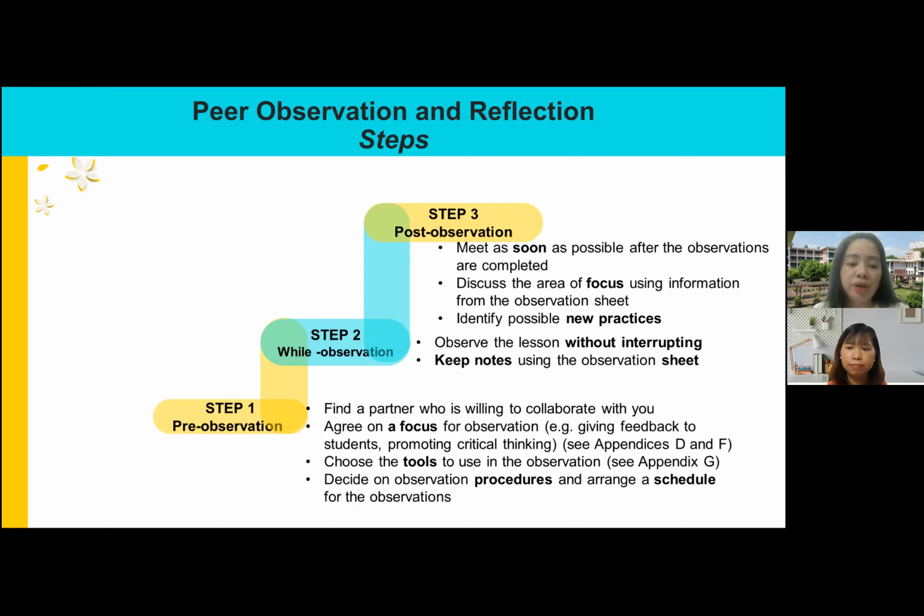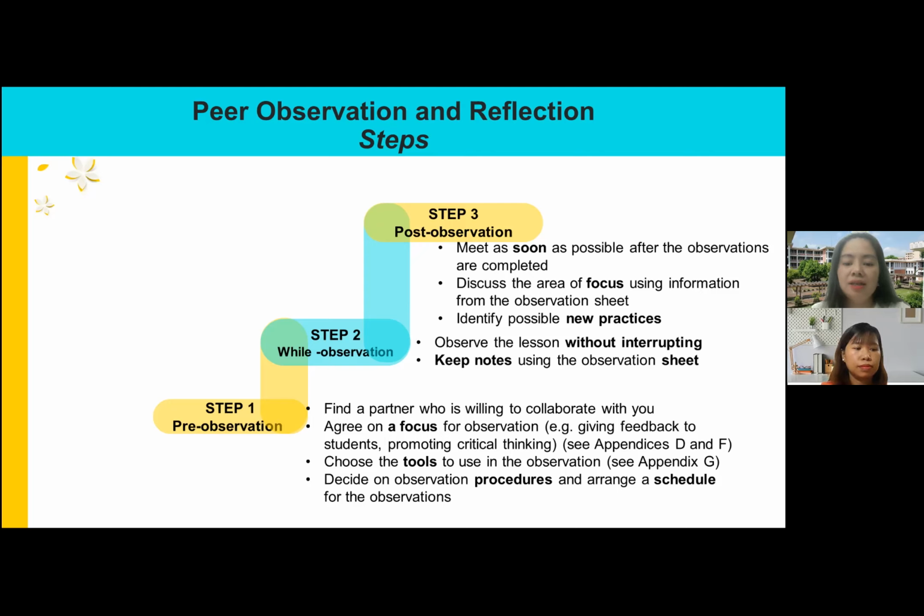So what should we do in step 1? You find a partner who is willing to collaborate with you. You two agree on a focus for observation. We shouldn't take too many issues to work with, because it's very difficult to have the expected outcome.